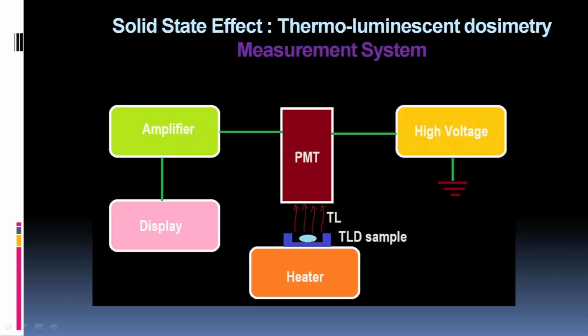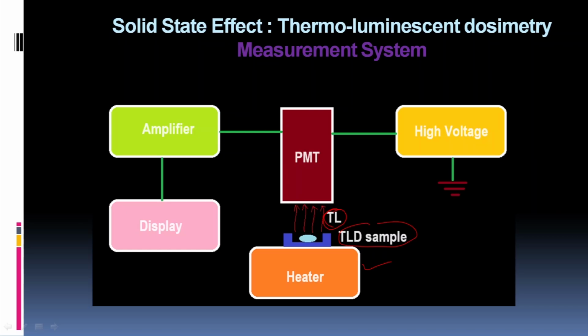And this is the actual measurement system, where we read the thermoluminescence dosimetry after exposure to some amount of radiation. Here we have a heating assembly and a plate where we place our TLD samples, and after heating, the TL sample gives TL photons.